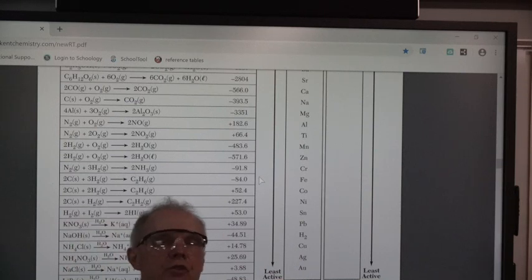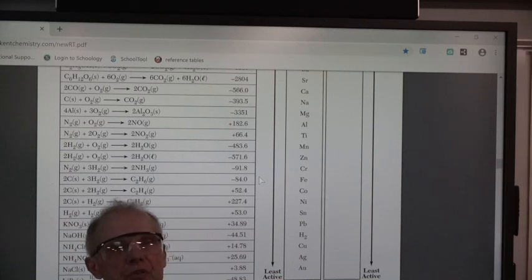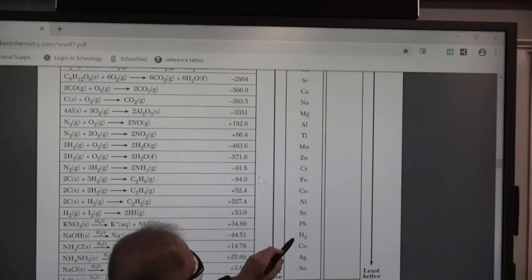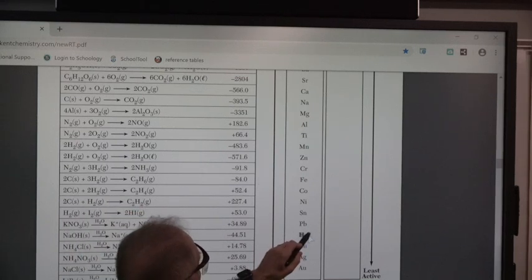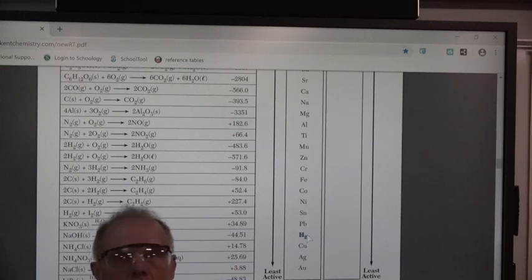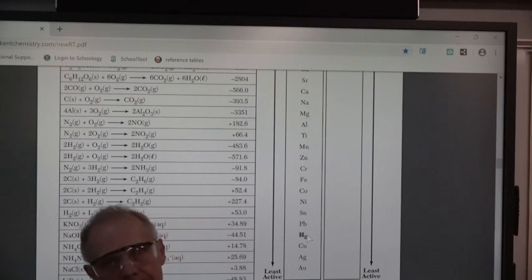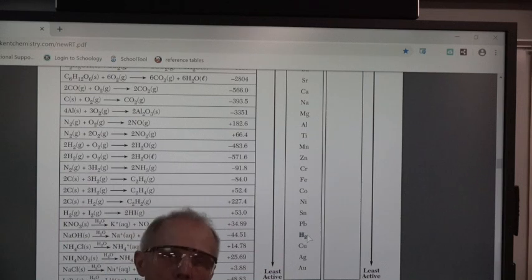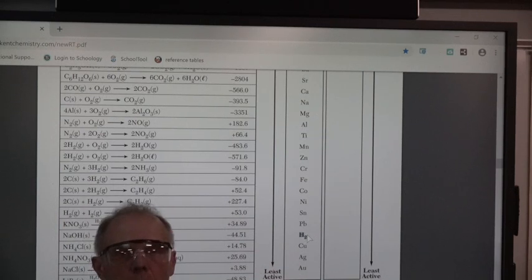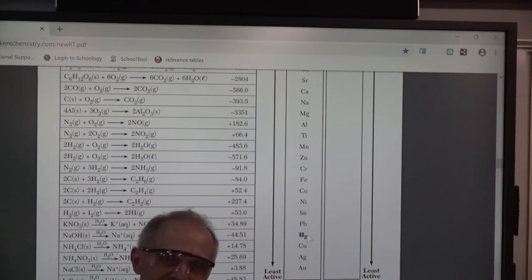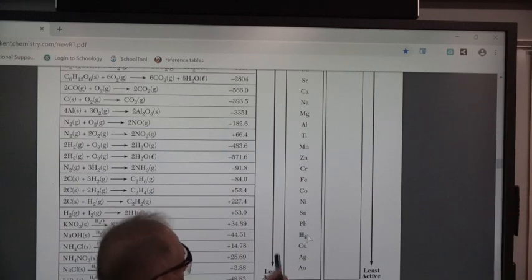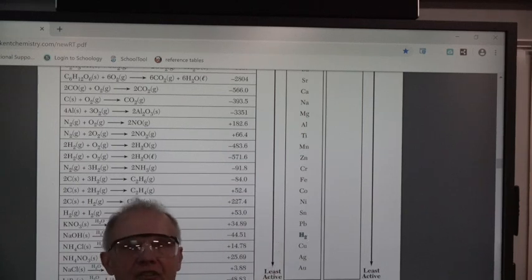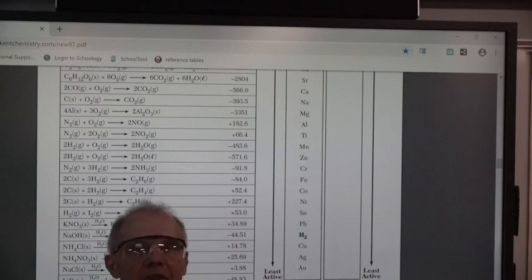But what I want you to do on your reference table J is circle H2. Now here's the deal. Any metal above H2, when you put it in an acid, will make hydrogen gas when you put them together. We're going to do a couple of them.